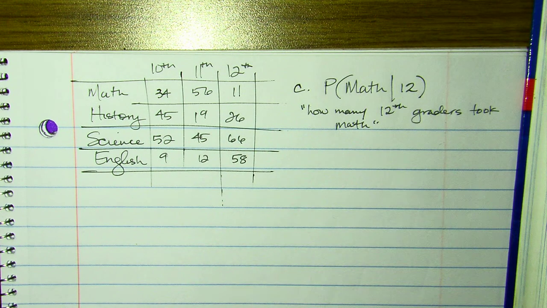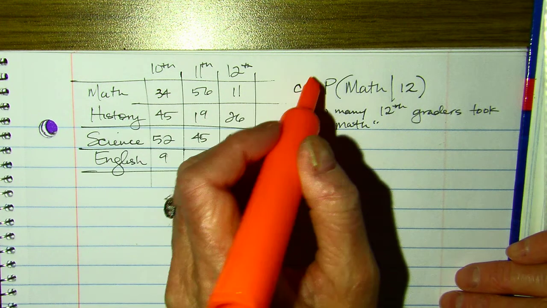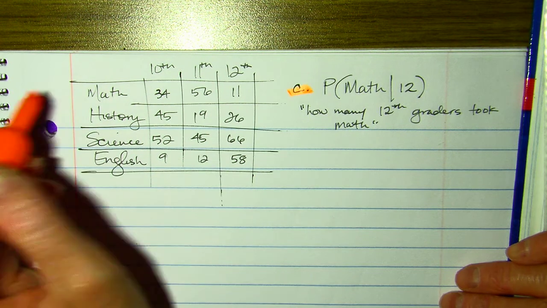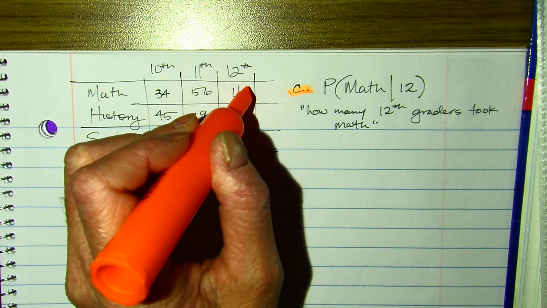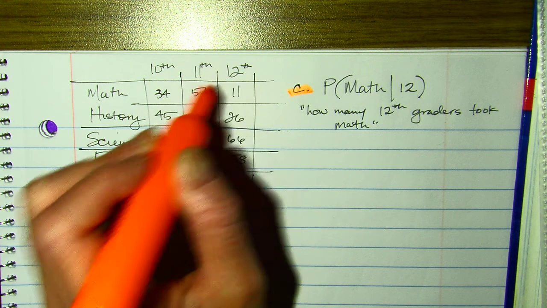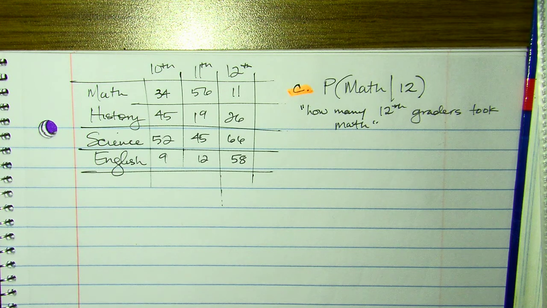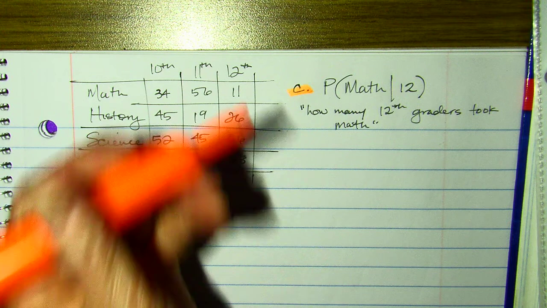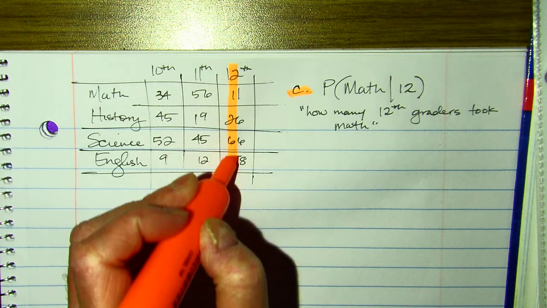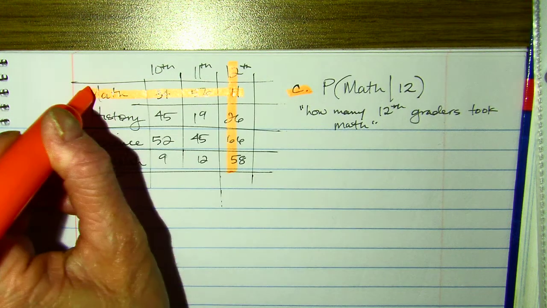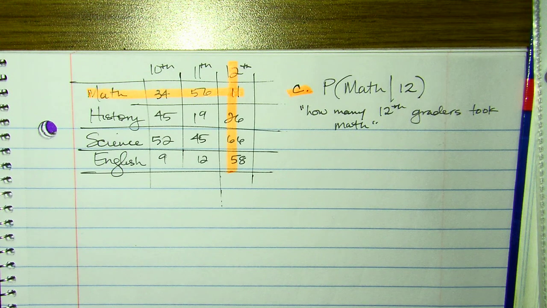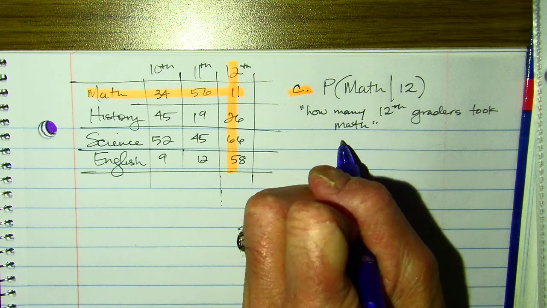So I am looking for part C, I'm looking at how many 12th graders, and you know what, let me do the totals really quick. 11 plus 26 plus... so I'm looking at how many 12th graders took math, if that helps. And so where the two columns overlap is the 11.